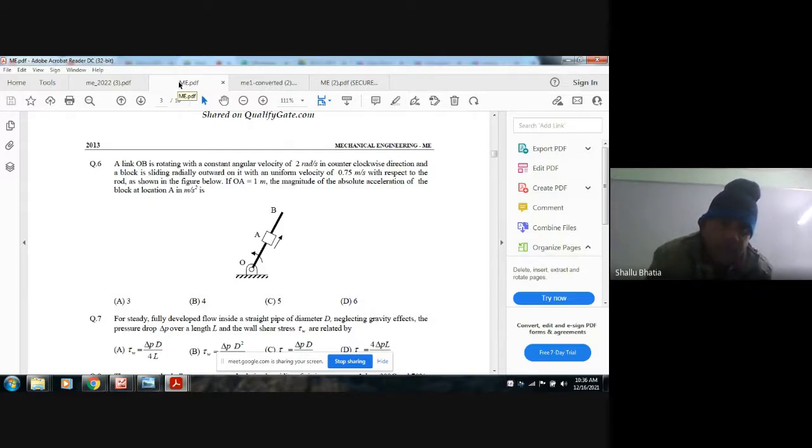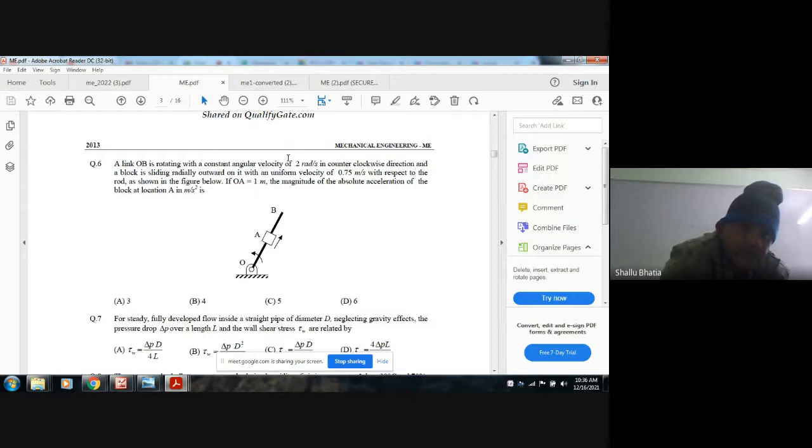If OA is 1 meter, the magnitude of the absolute acceleration of the block at location A in meter per second square is: option A 3, option B 4, option C 5, option D 6.